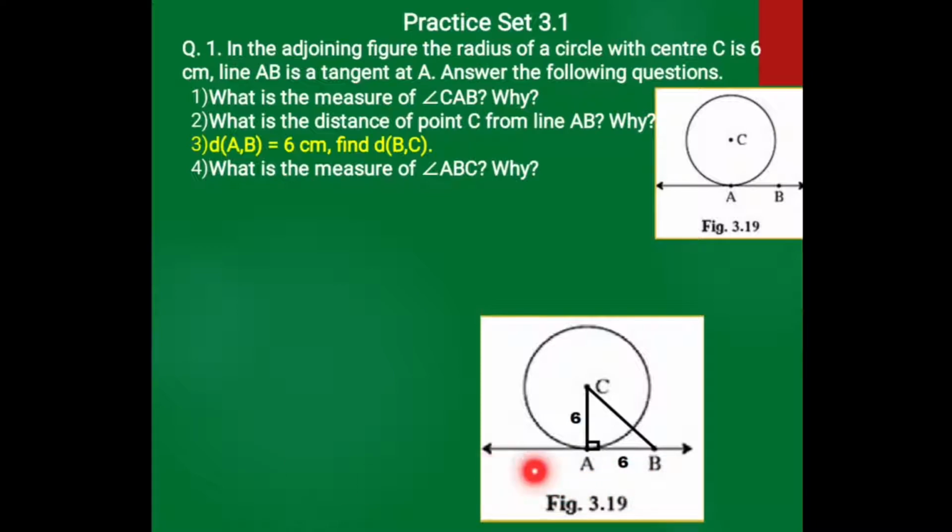So we use the theorem: this tangent is perpendicular to the radius. So this triangle ABC is a right angle triangle, and this BC is the hypotenuse. So we use the Pythagoras theorem for finding the distance between points B and C, that is, the length of BC.